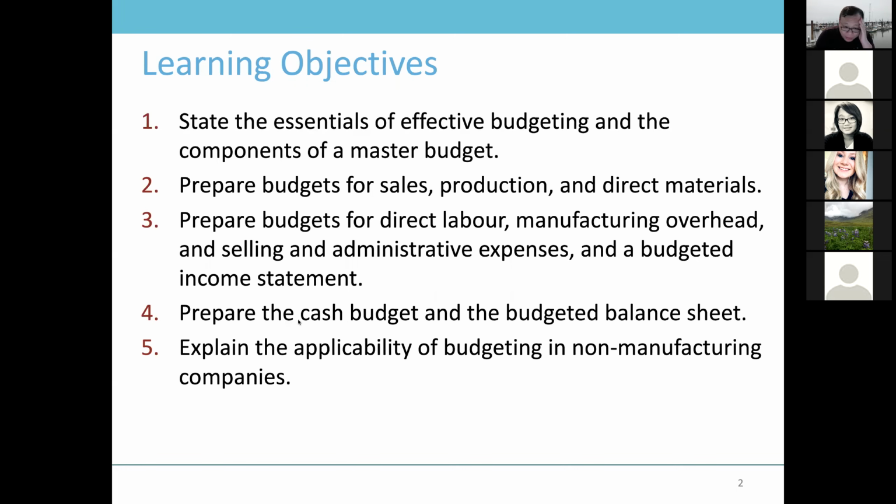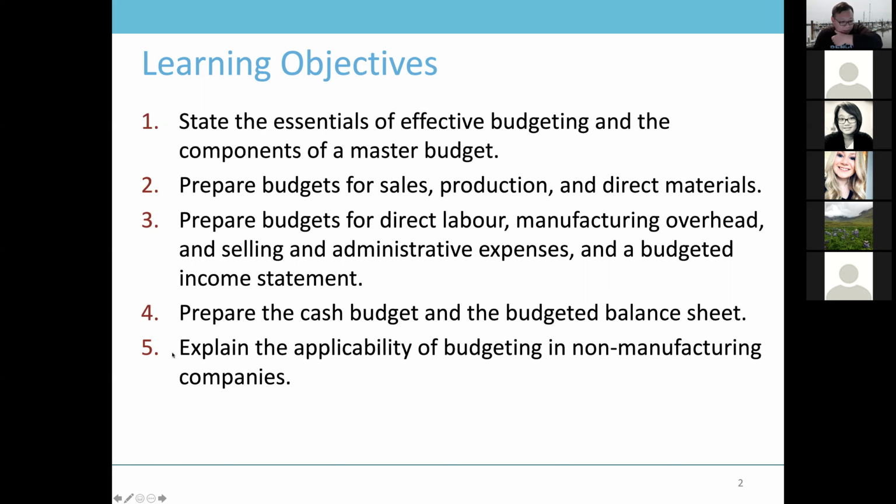Number 4, you are going to prepare a cash budget and also a budgeted balance sheet. In 2100, there are 4 financial statements: the income statement, balance sheet, statement of cash flows, and the statement of changes in equity. So those are the 4 statements. And here you're going to prepare 3 budgets.